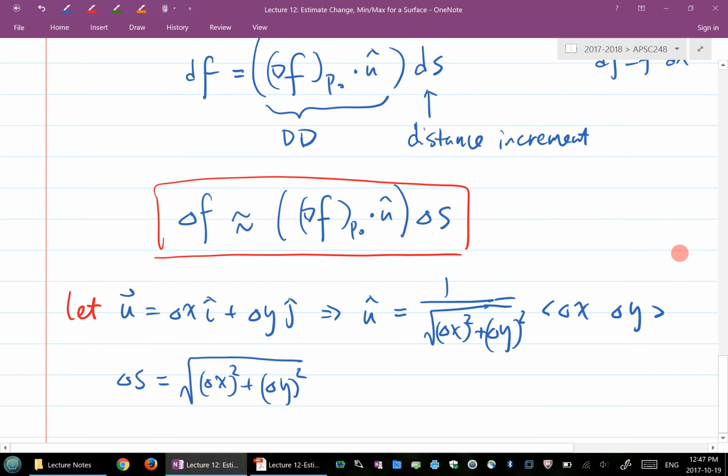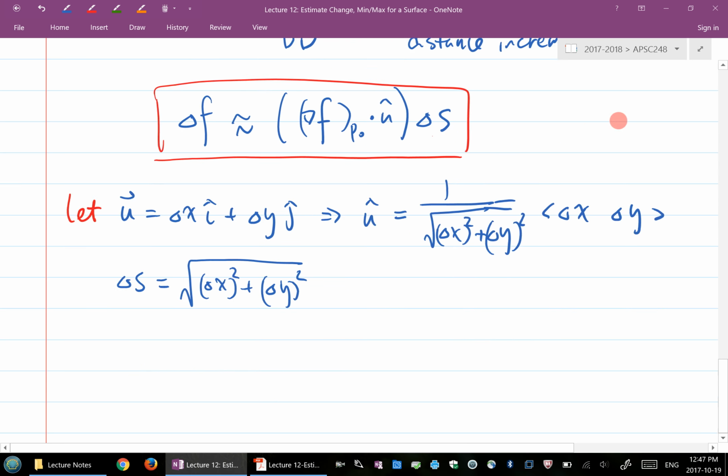Okay, so now I have a direction and this displacement, and I'll substitute into the formula given by general case number 3. So let's see what we have: the gradient of f at this location p0 dot u hat, times delta s. So that's the formula for the third case.